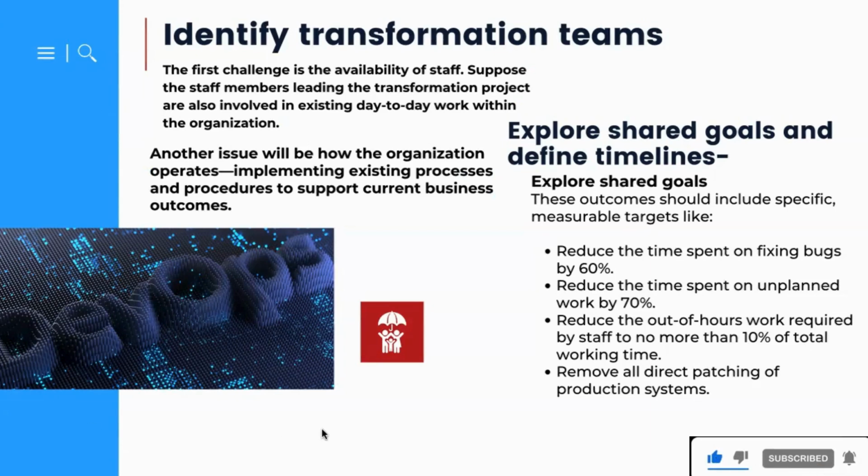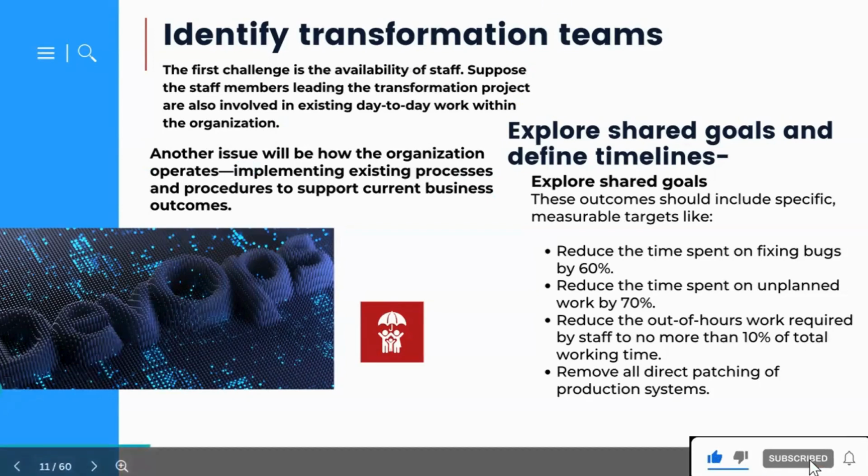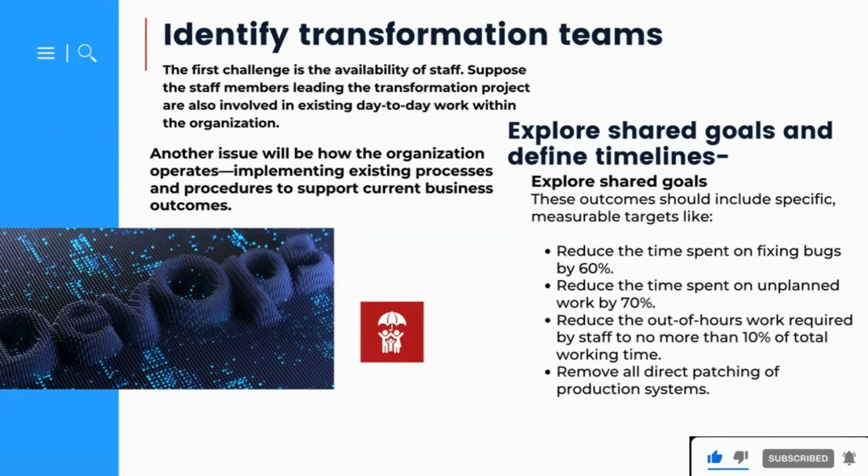So we are talking about identifying transformation teams, right? Unless you are building an entire new organization, one of the significant challenges with any DevOps transformation project is taking action that conflicts, at least in some way, with ongoing business states.